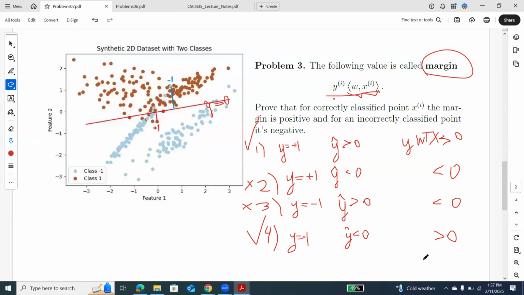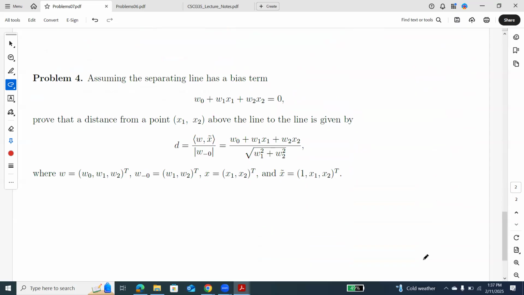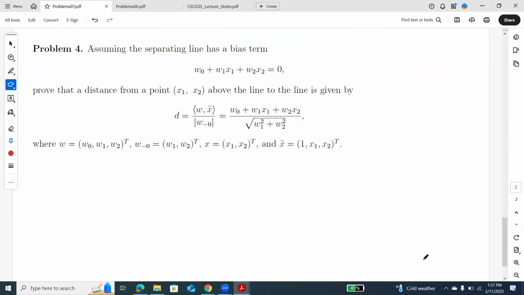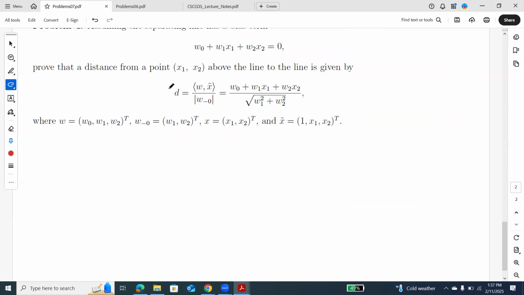Okay, so the last problem is just generalization of the second one. To find the distance in case when this line doesn't go through the origin. So the same problem to find the distance from this point x prime to this separator.